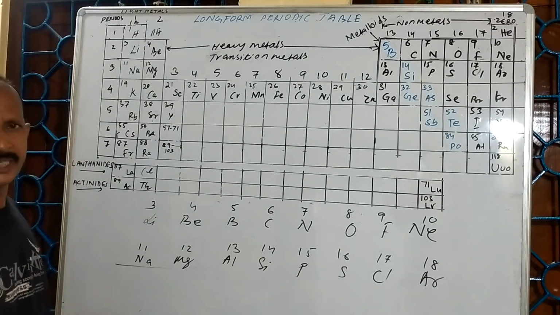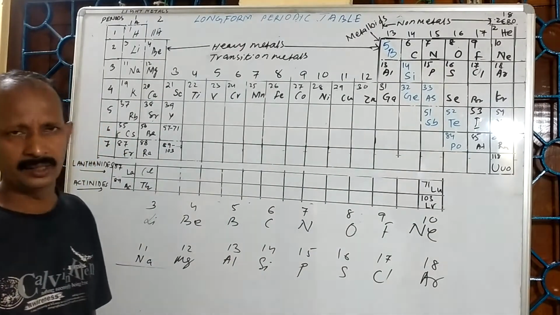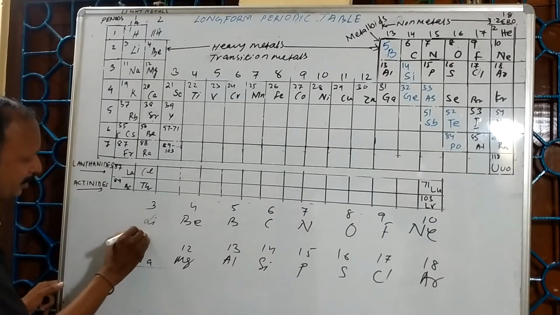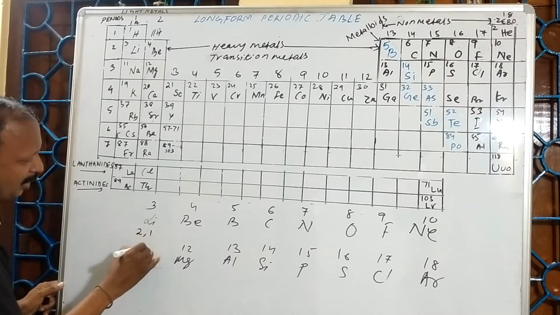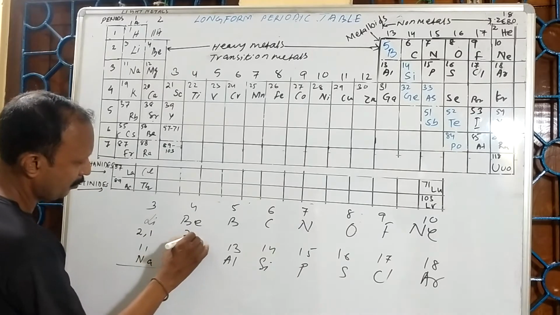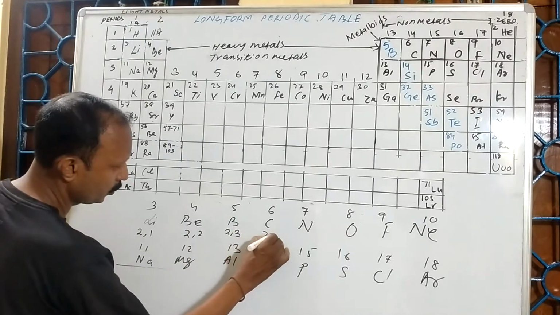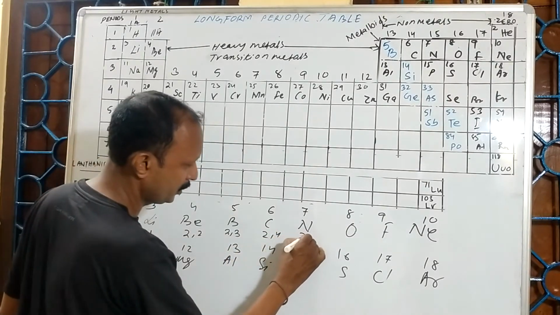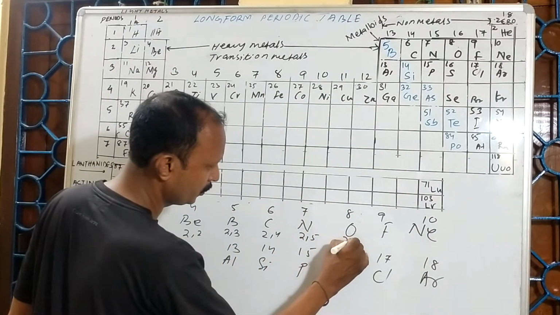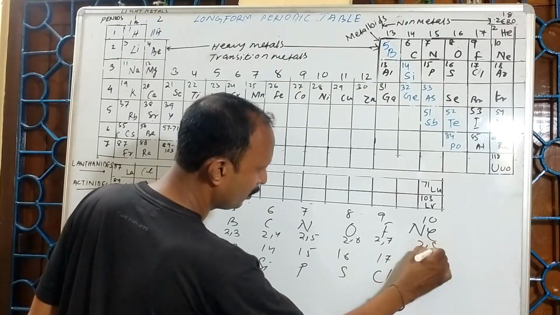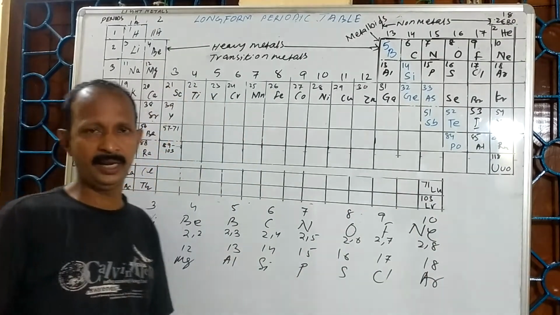If I write the electronic configuration in its shells, lithium I can write 2,1; beryllium 2,2; boron 2,3; carbon 2,4; nitrogen 2,5; oxygen 2,6; fluorine 2,7; neon 2,8.